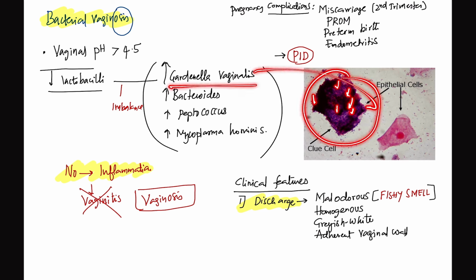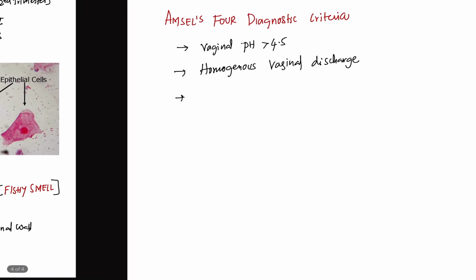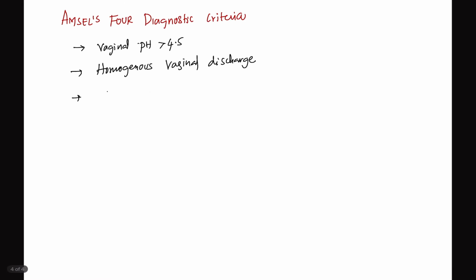So a cell which is almost pasted or covered with lots of bacilli is a clue cell. Clue cells should be more than 20% of cells in the pap smear.